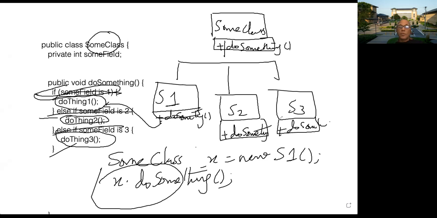That is a very fundamental thing that you should be looking for in your design. If you have conditionals like this, I'm not saying all conditionals, but those that dictate major behavior.